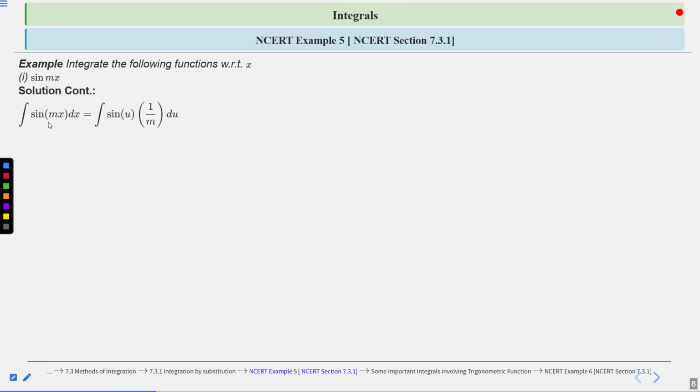Now integration of sine mx dx will be equal to integration of sine u into 1 by m du, because mx was taken as u. So 1 by m will come out as it is a constant. So it will be 1 by m integration of sine u du.